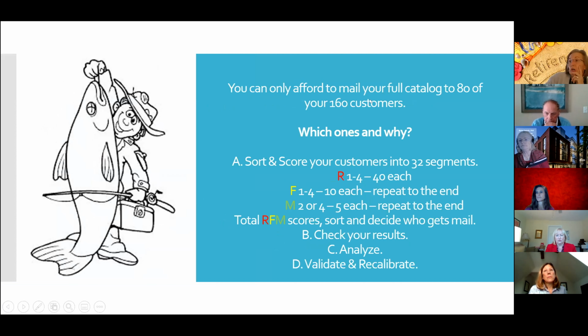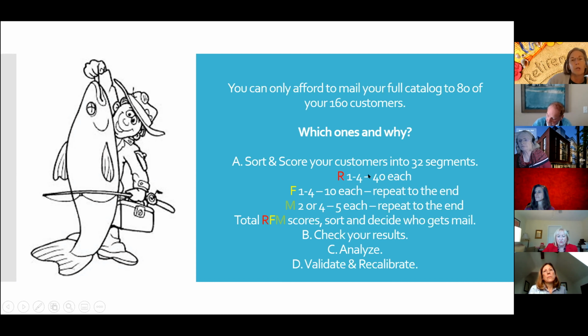Here's your word problem. You can only afford to mail your catalog to 80 of your 160 customers. This is the catalog that Amy was able to find because she's a big customer, okay? And we're going to break those customers into 32 segments. We're going to start with recency, and then break that down into 4 segments.